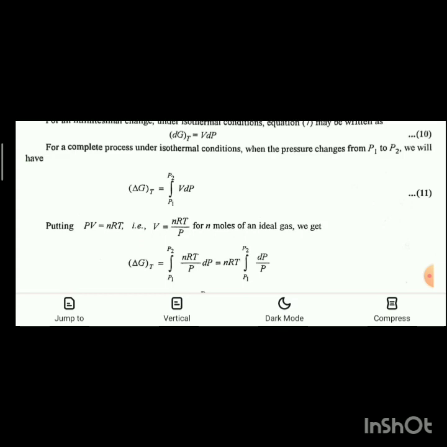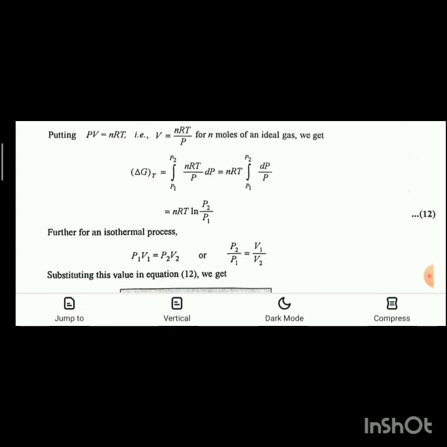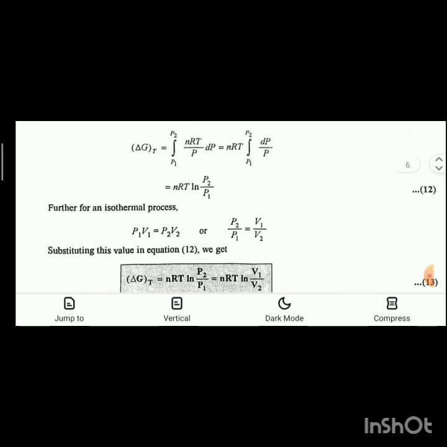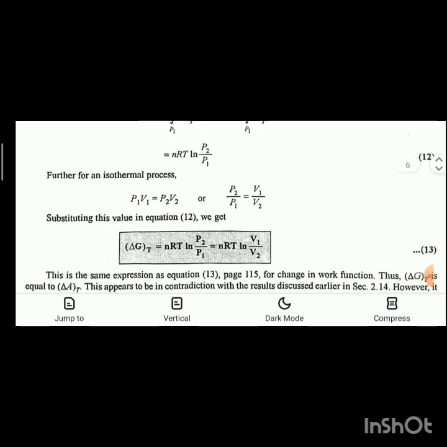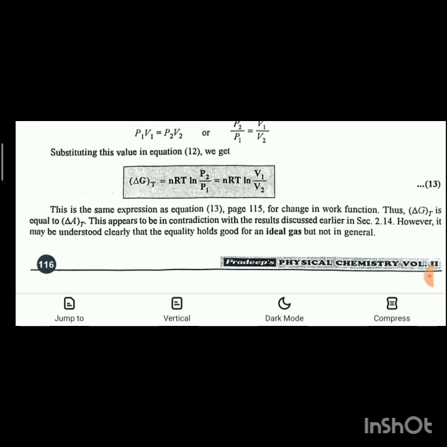ΔG at constant temperature = ∫ from P1 to P2 of nRT/P dP. On solving this, we obtain nRT ln(P2/P1). For isothermal process, P1V1 = P2V2 or P2/P1 = V1/V2. Substituting these values, we get ΔG at T = nRT ln(P2/P1) = nRT ln(V1/V2).